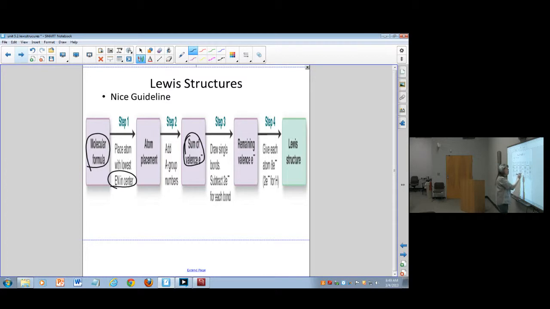We're going to draw bonds, and for each bond we're going to take away 2 electrons, and that's going to help us figure out what to do. We're going to add to the outer atoms 8 electrons to make it a full noble gas configuration, and then anything left over we're going to deal with on the central atom.